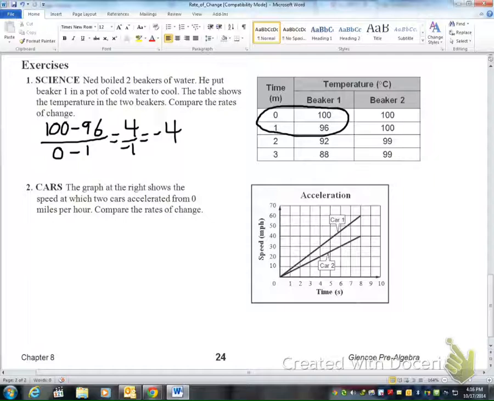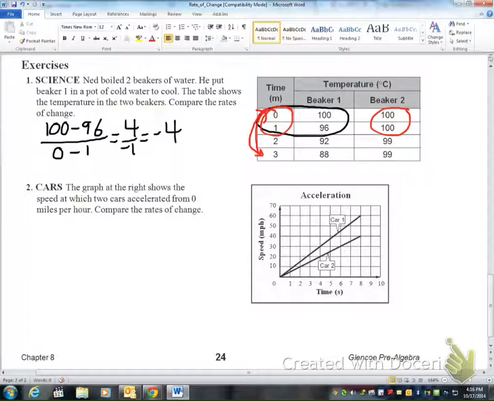Now, if we look at beaker number 2, we have the same X values, but our Y values are not changing in the same way. If you look at from 0 to 1, we actually have no decrease in the temperature. But if you look from 0 to 3, we're going to see a change.